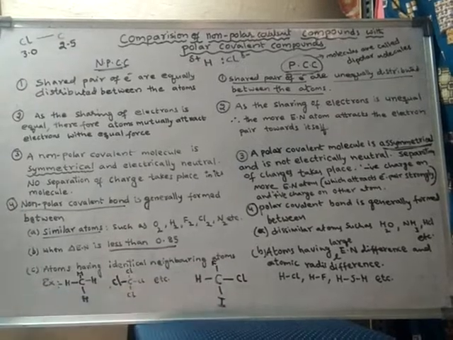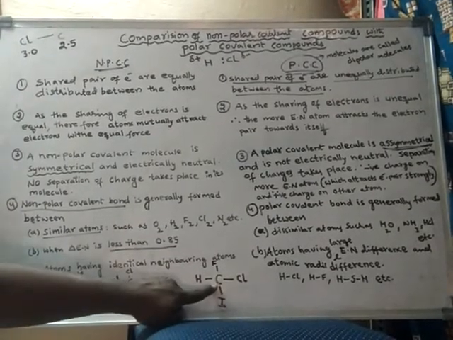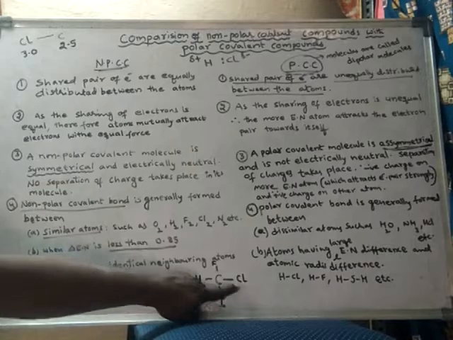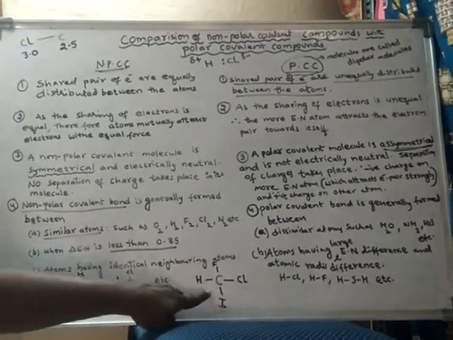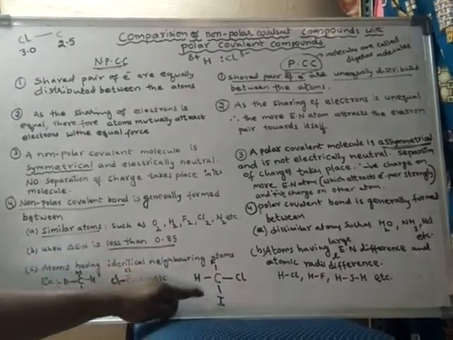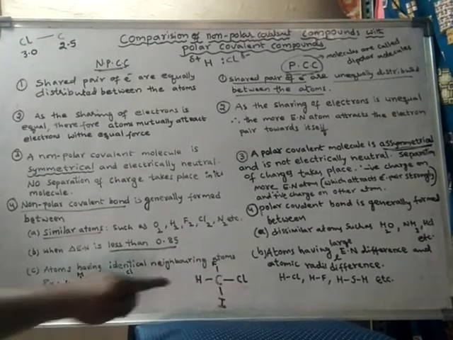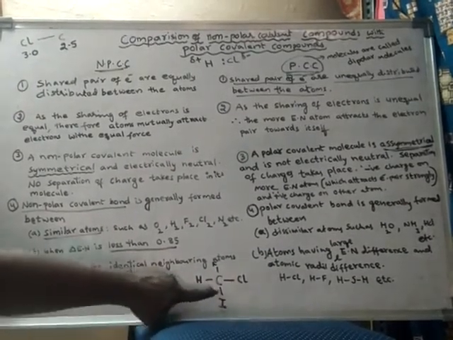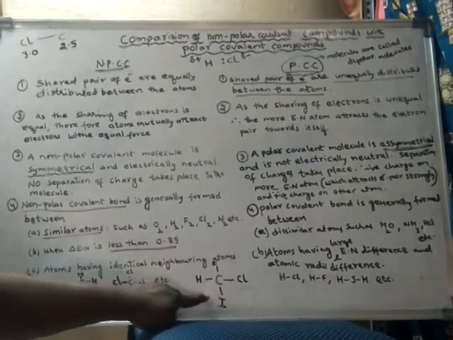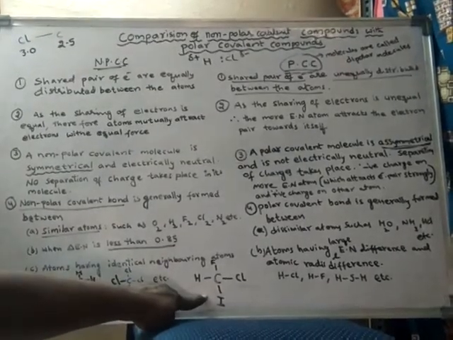What happens? This carbon is not having identical neighboring atoms. This carbon has 4 neighboring atoms, but these 4 neighboring atoms are not identical. Hence, the bonds formed are not non-polar covalent bonds.